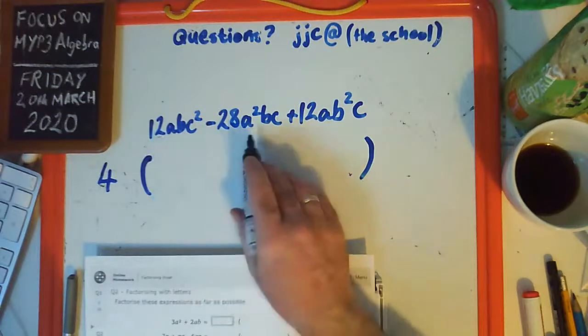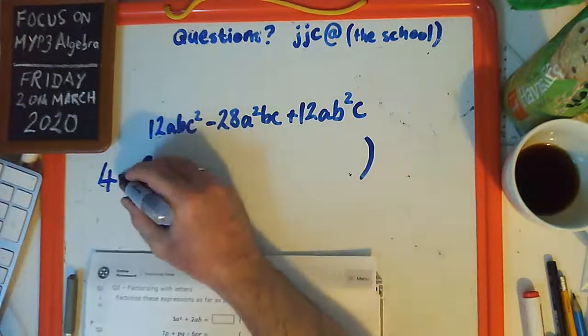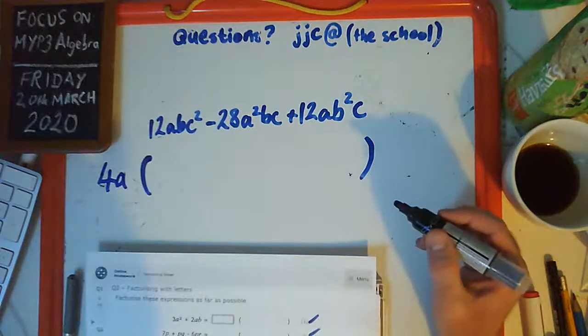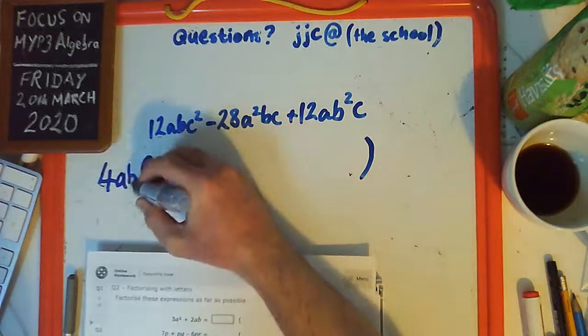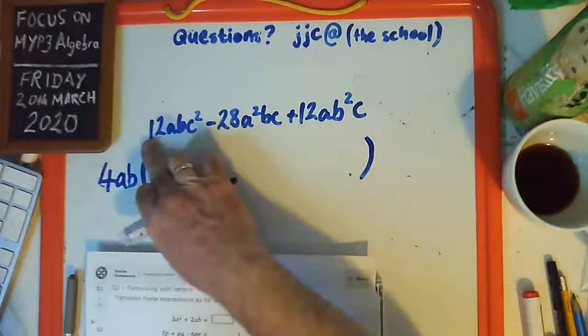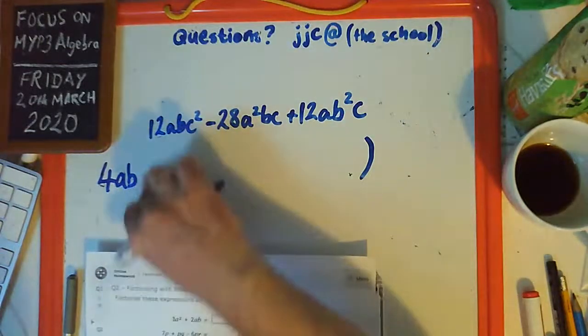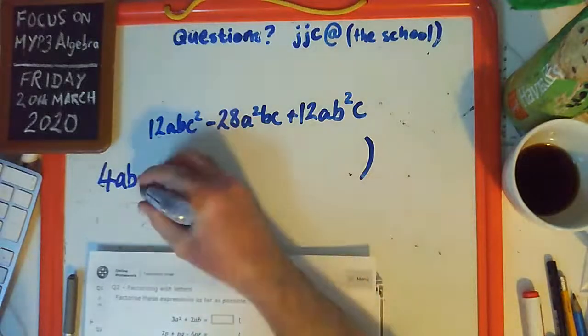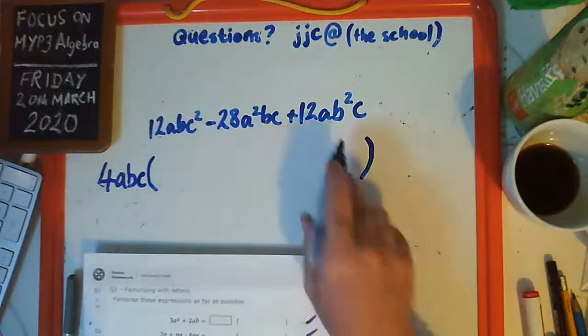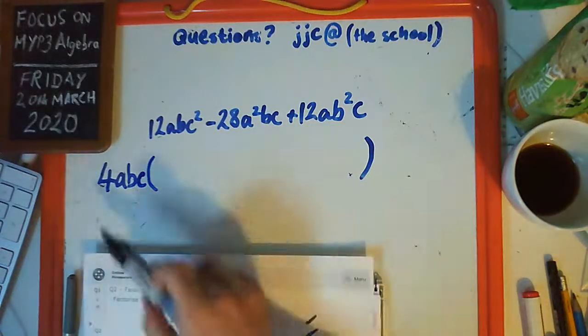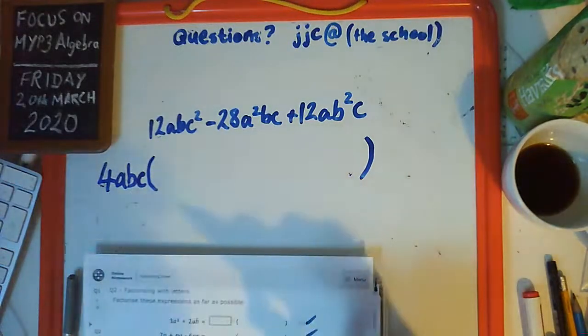That's got an a, that's got an a squared, and that's got an a. So we can take an a outside the brackets. They've all got at least one b in them, so I can take a b outside the brackets. And they've all got at least one c in them, so I can take a c outside the brackets. So all of the terms in this can be divided by 4abc.